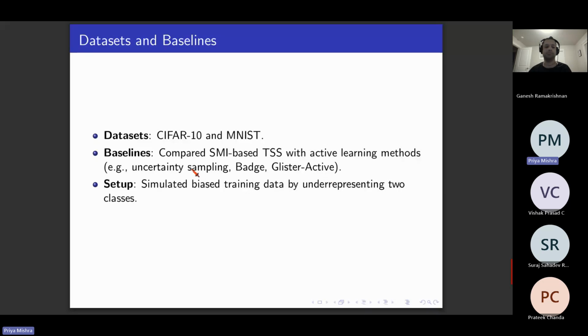Initially they were uncertainty sampling, which used entropy sampling instead of SMIs to get a similarity. If the entropy is maximum, then there will be more similarity, and on those they used to do the retraining. So those are the baselines here.